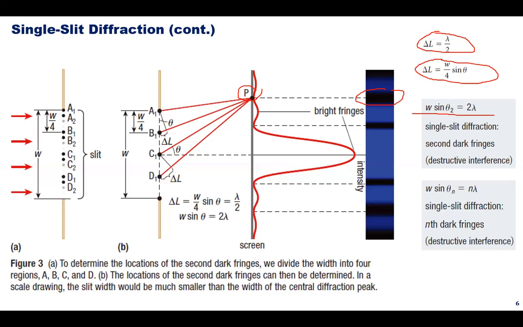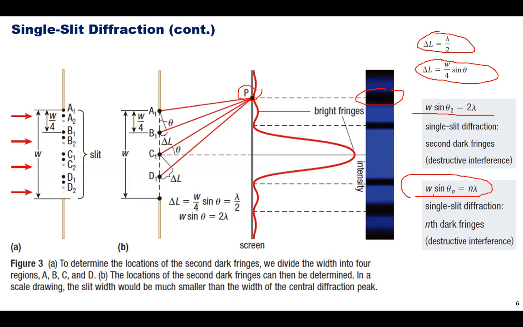Also, we can use the same method to predict the third and other dark fringes by dividing the slit into 6, 8, 10, or any even number of regions. The result for the nth dark fringe is given by this relationship: W times sine theta n equals n times lambda.